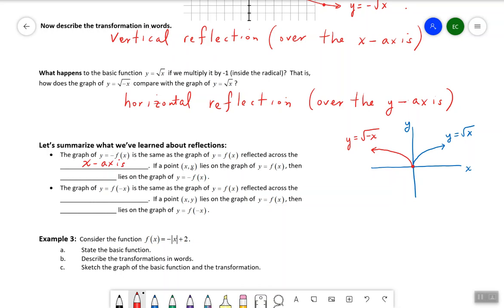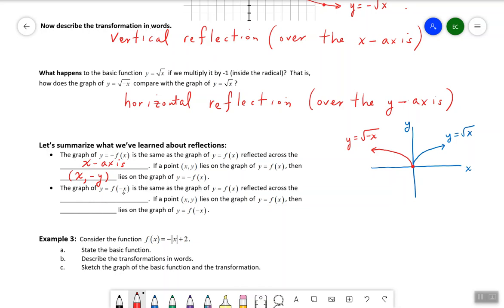And if you have a point x, y on the original graph, then when you reflect over the x-axis, the x-coordinate stays the same and the y-coordinate changes sign from positive to negative or vice versa. So x, negative y would be the new coordinates for the vertical reflection.